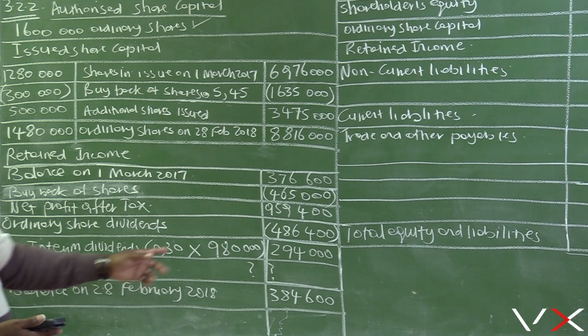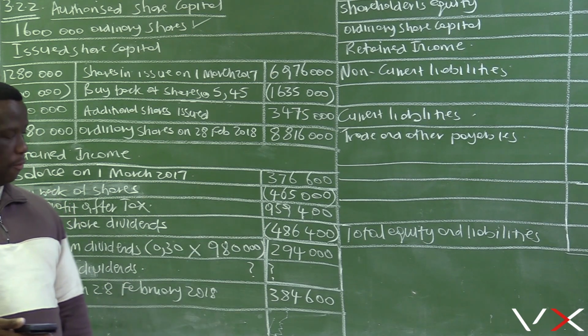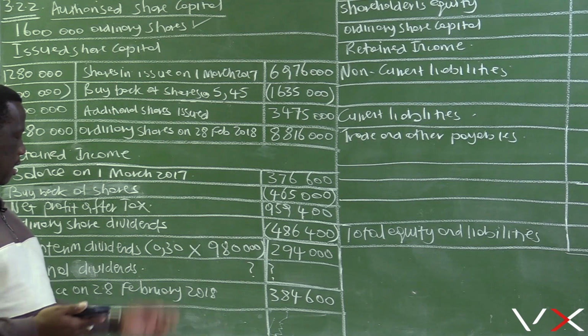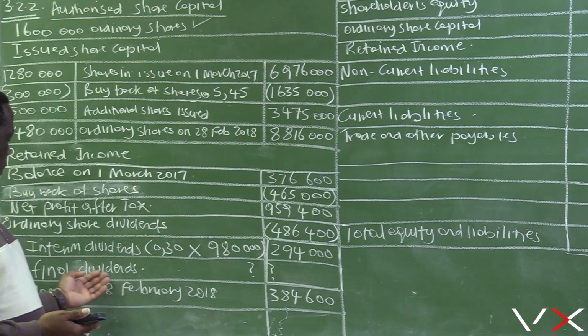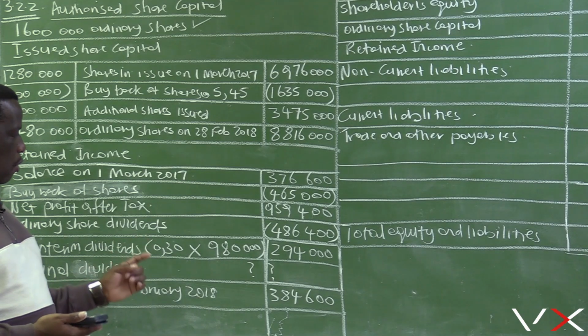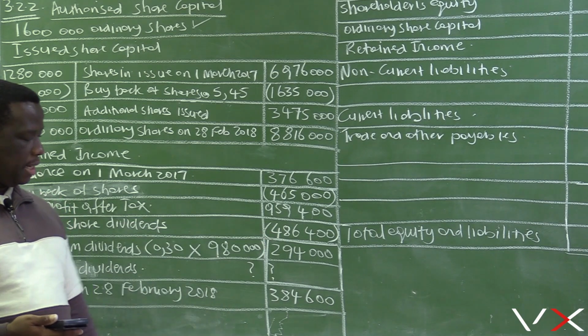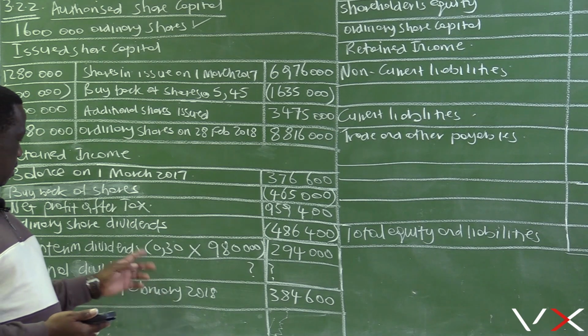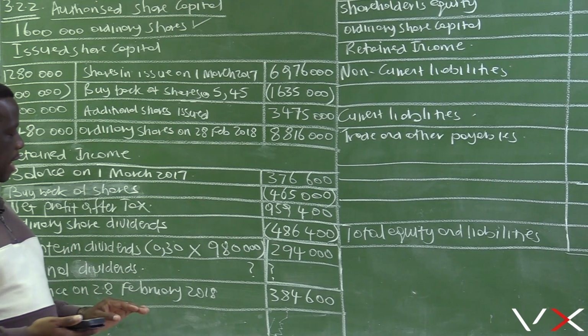So now that we know that the total ordinary share dividends is 486,400, then we are able to calculate the final dividend, because we know that this total of 486,400 should be made of interim dividend and final dividend.